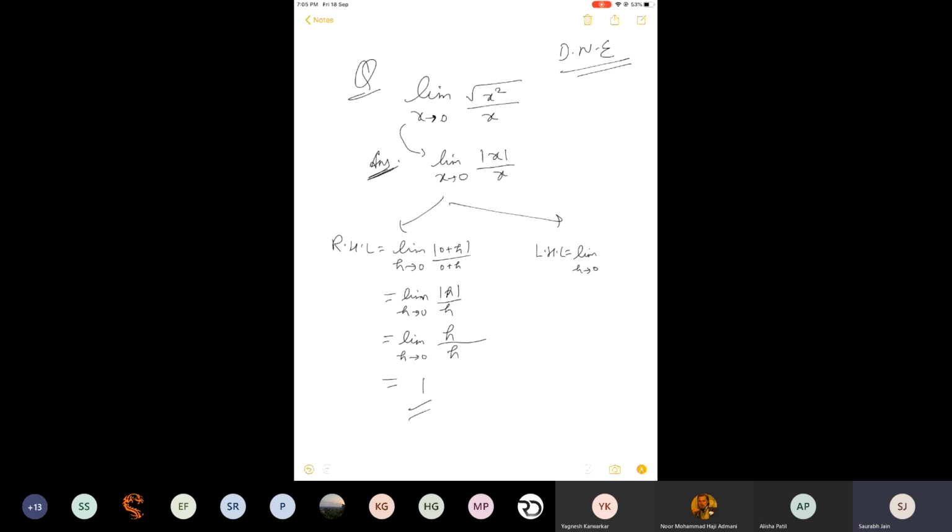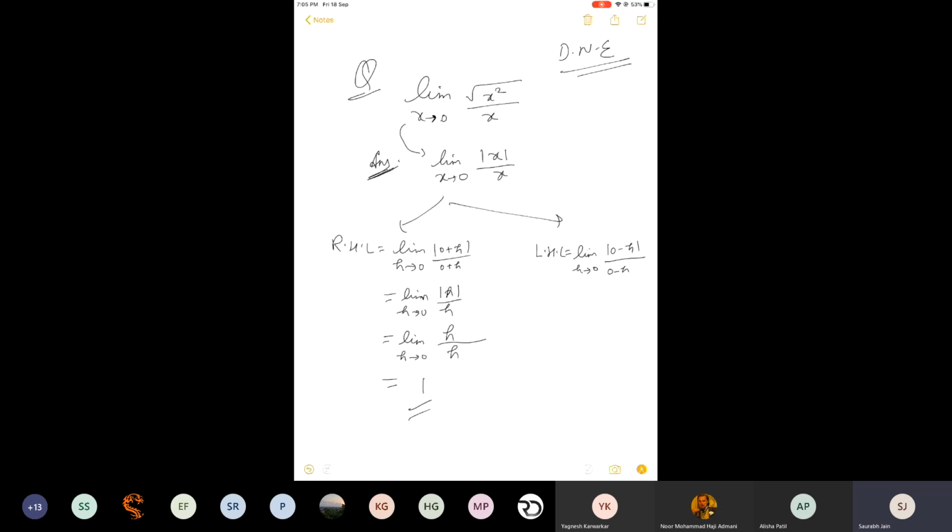Similarly, for LHL, we put a minus h here. So in the numerator, it will be mod of minus h, and in the denominator, we have minus h. Please tell me what you will write here now. You should be clear with these points. Mod of minus h.